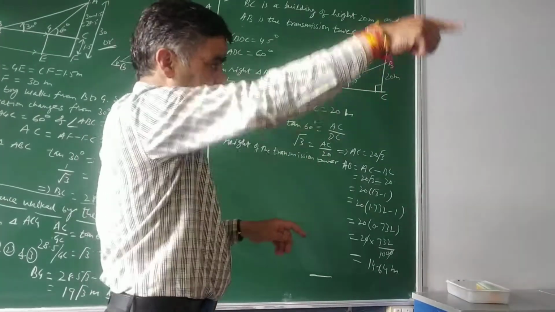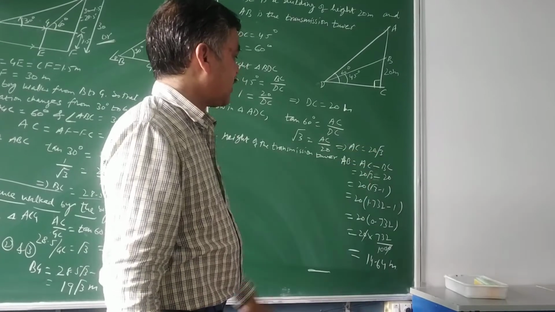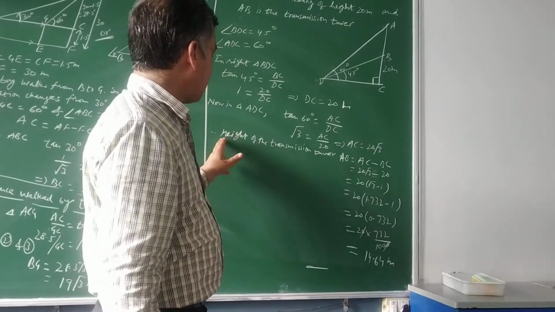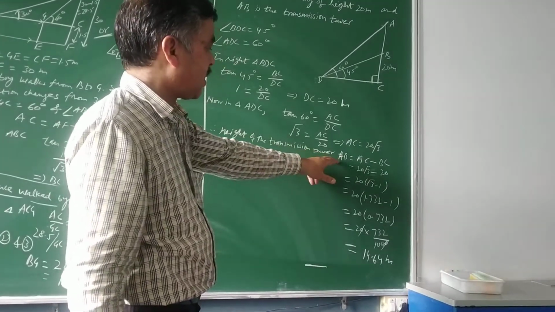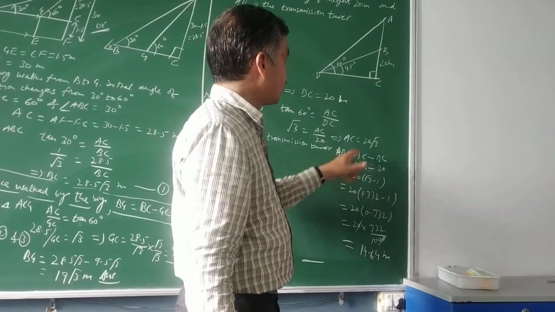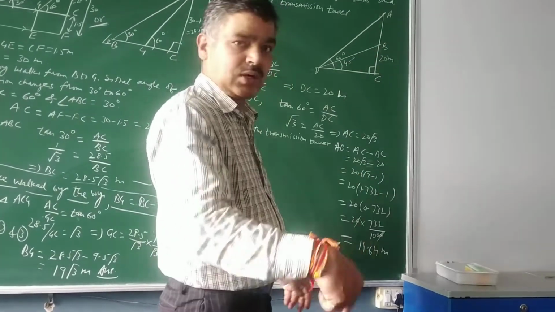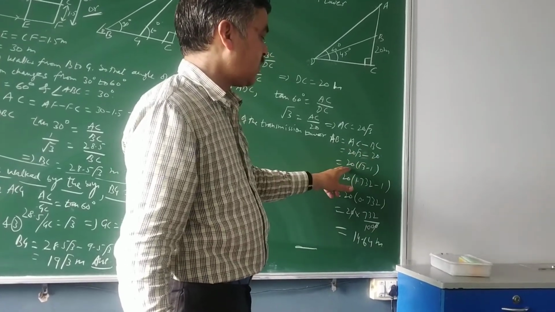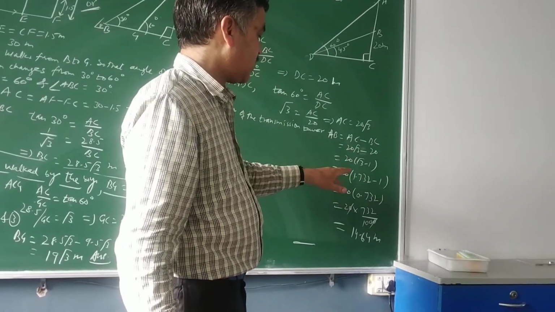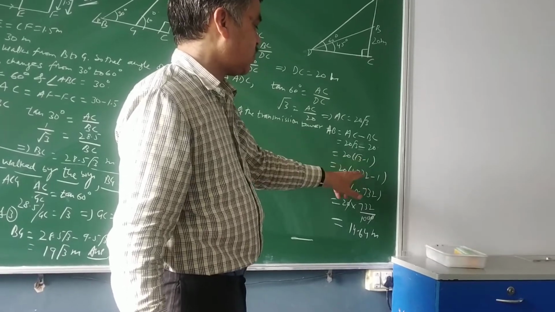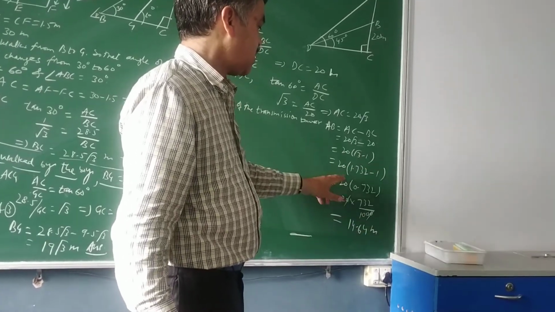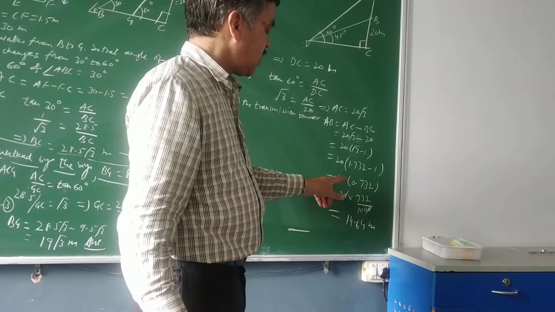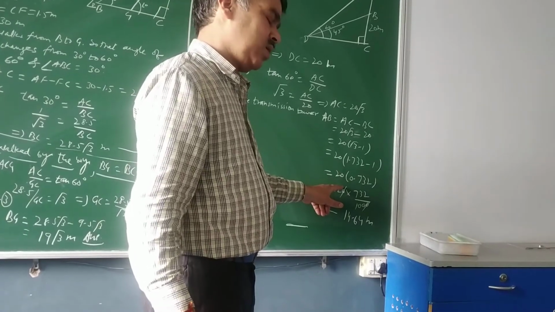So AC is equal to 20 root 3, and from here the height of the transmission tower AB you can find using AC minus BC. Then do this calculation: 20 root 3 minus 20, 20 into root 3 minus 1, 20 into 1.732 minus 1. Do this calculation up to the last.